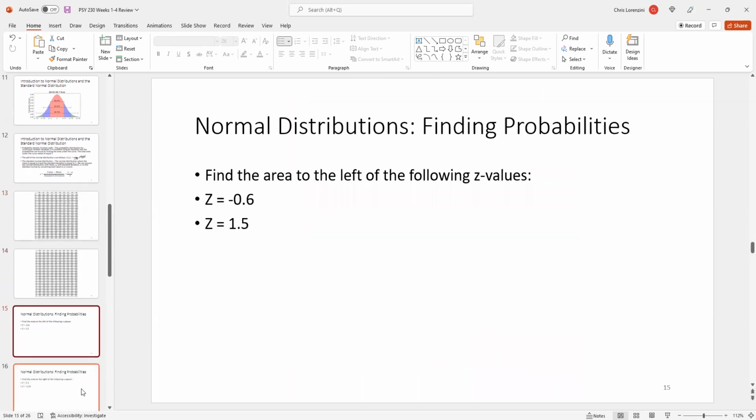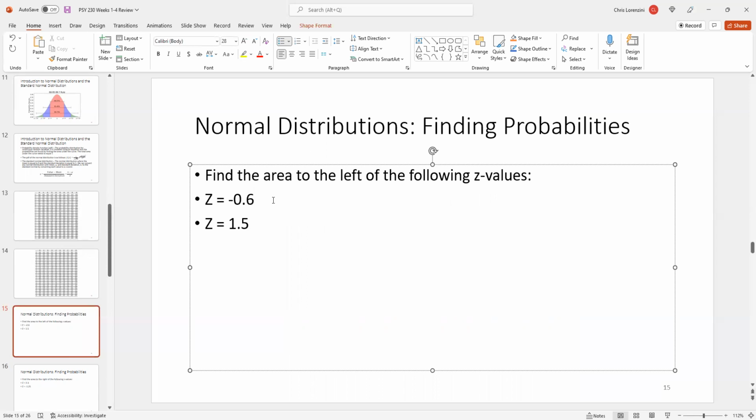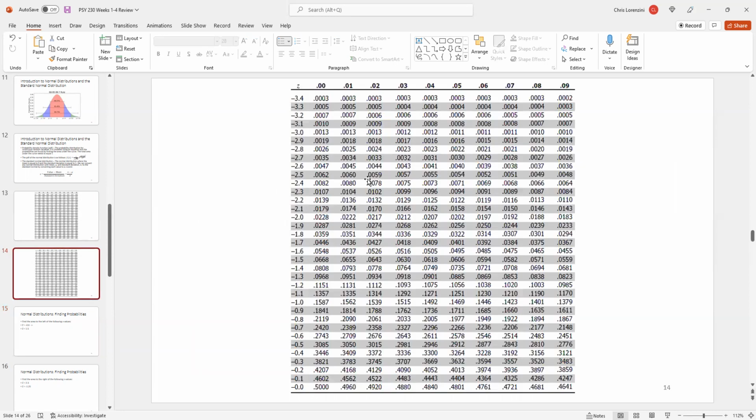Okay, so let's do a couple of examples. Find the area to the left of the following z-values. Area to the left, z equals negative 0.6. If I want to find the area to the left under the curve of a z-value, I come to this table and I just look at it. Negative 0.6.